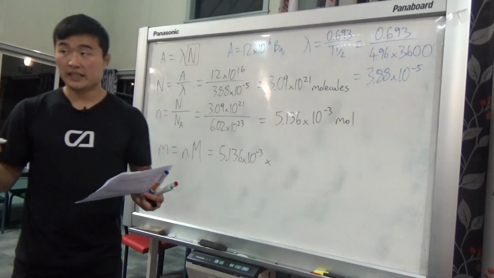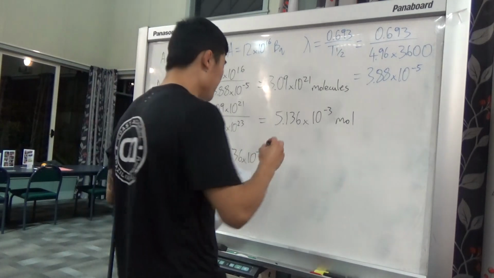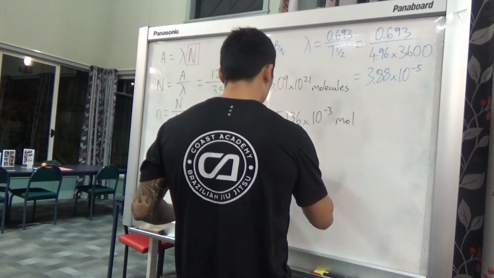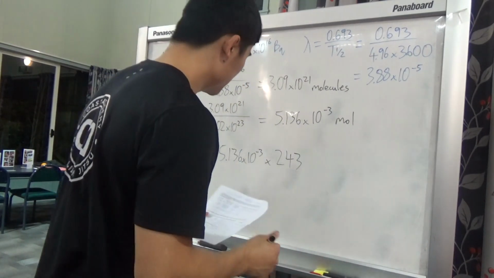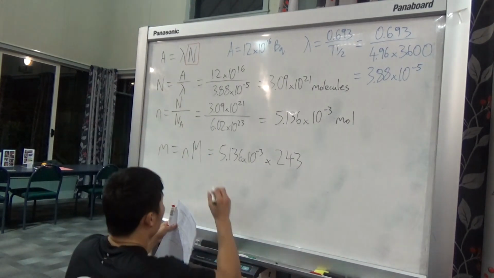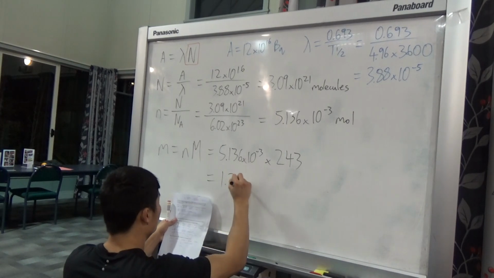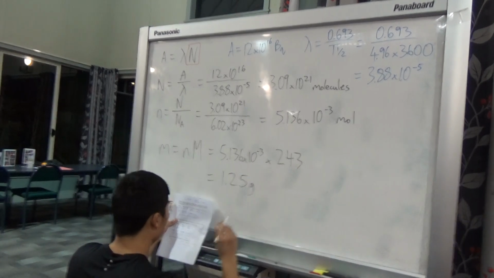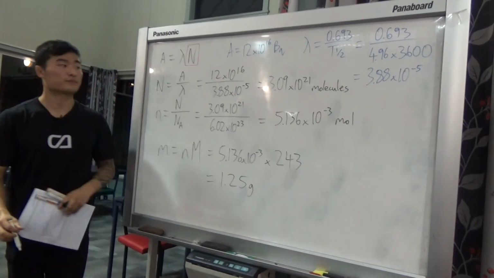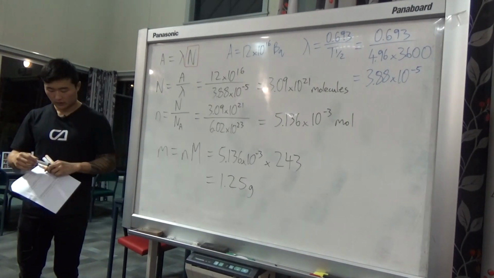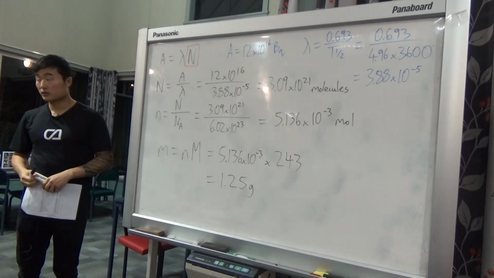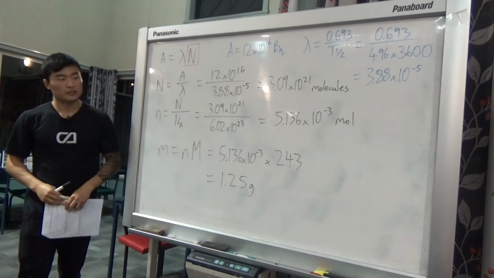So that's 243. So that's your molar mass. And that's going to be in grams. And that will be 1.25 grams.